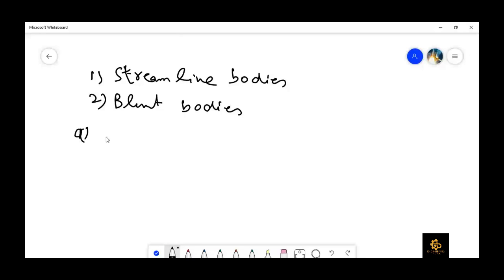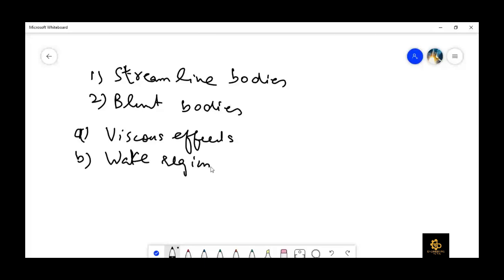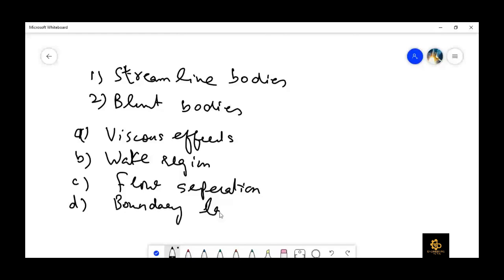One is viscous effects, then wake region, then flow separation, and the fourth one can be boundary layer thickness. So these are some of the important characteristics of flow when we talk about external flow.